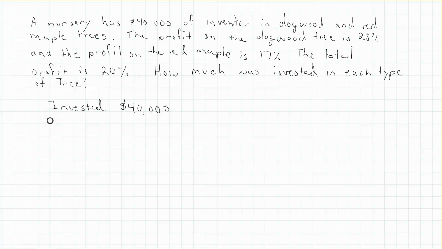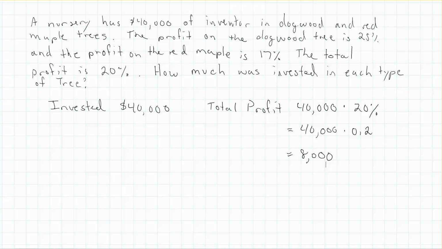So my total profit is simply 40,000 times 20%, which is 40,000 times 0.2, because 20% as a decimal is equal to 0.2. So 40,000 times 0.2 would be 8,000. So that's my total profit.